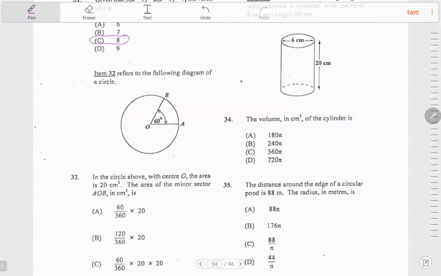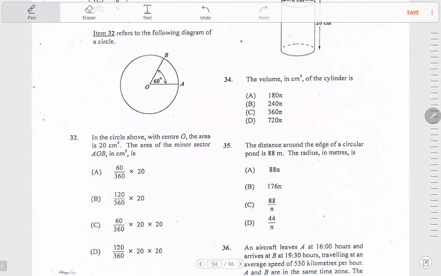This one says, in the circle above, center O, the area of the circle is 20. And it's asking us now for the area of the sector. Remember, the area of the sector is a fraction of the area of the circle. So the area of the sector is theta over 360 times the area of the circle.